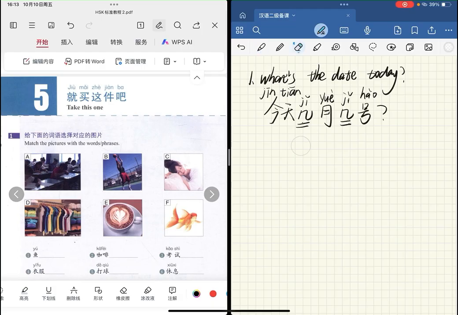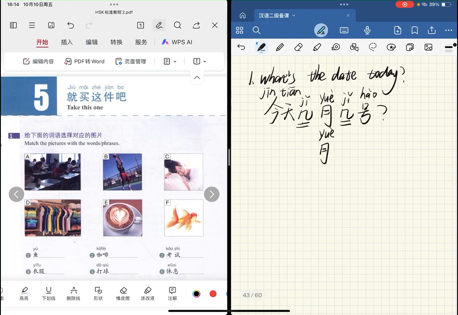今天几月几号？So in Chinese, for the months, we use 月. One year has 12 months, right?